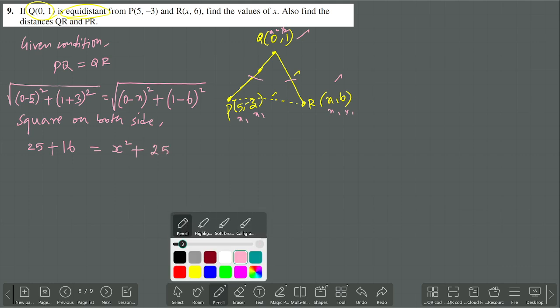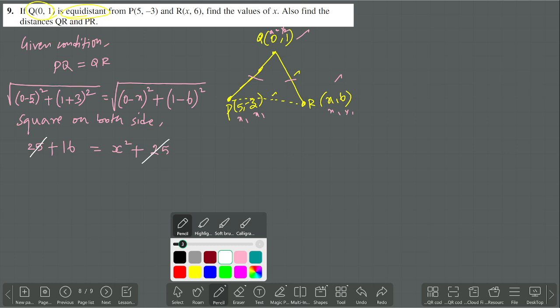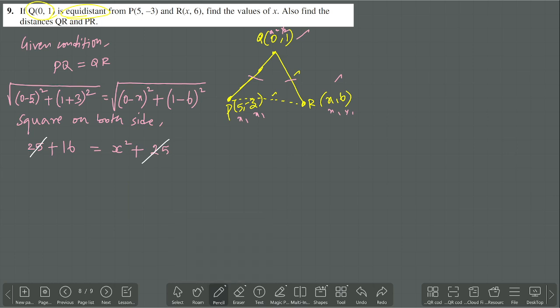Do you understand this? Here plus 25 cancels, because in between we have equal, and with the same sign you can cancel. Now the square when you send it to the opposite side, root 16 equals x, plus or minus 4.